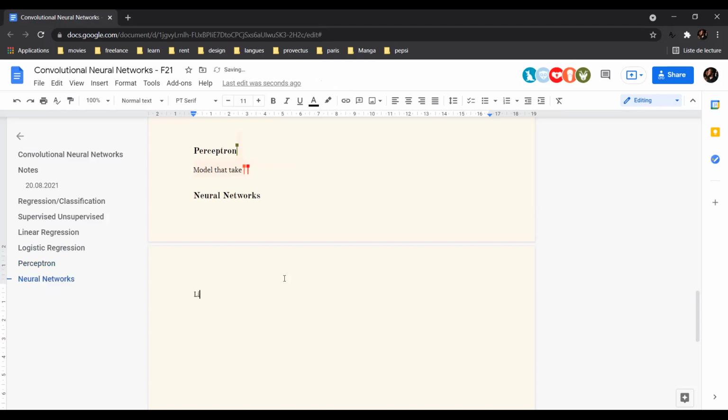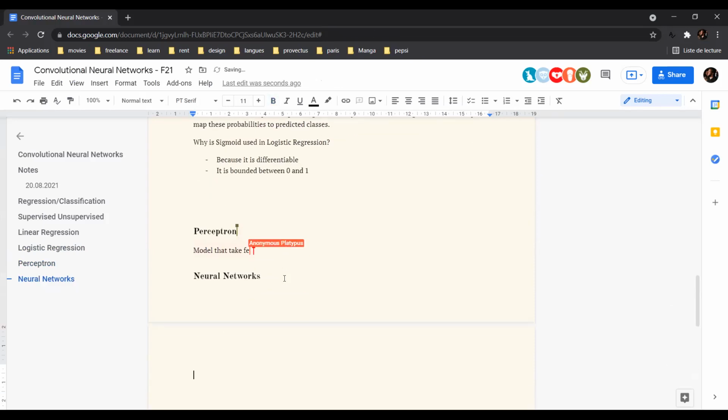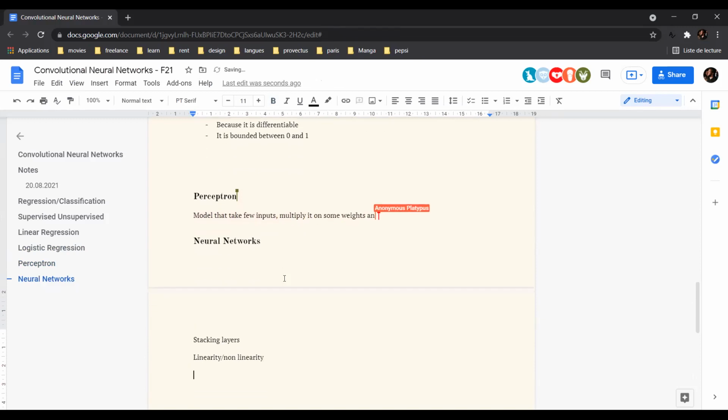Yeah, just write about linearity, what it is. So stacking layers, write about linearity and non-linearity. Write about ReLU versus tanh.